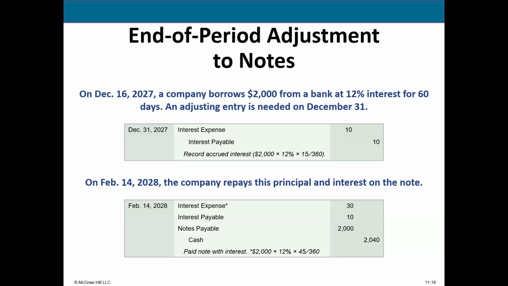If you needed to calculate the remaining interest expense, once again you just use the same formula: face value times the interest rate times time, in this case 45 days, because we already accrued 15 of it. So that's notes payable. Very, very straightforward.